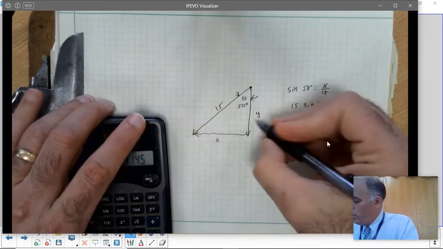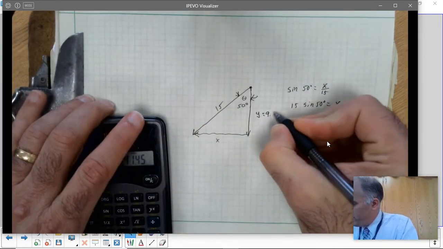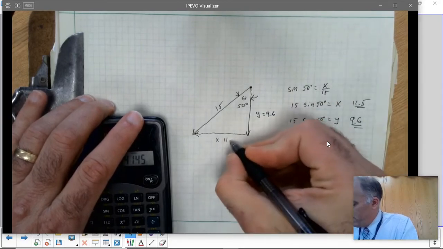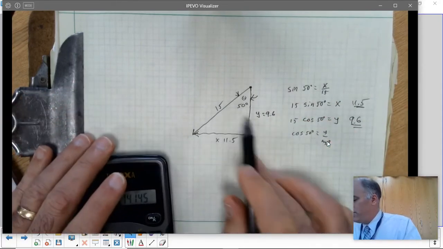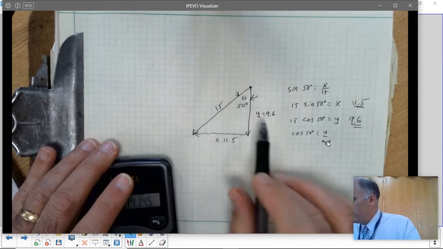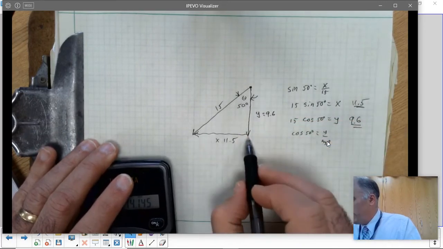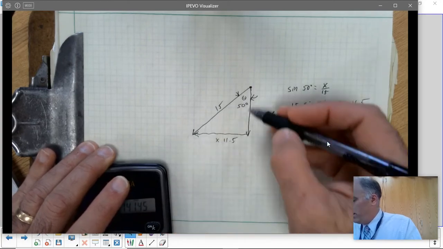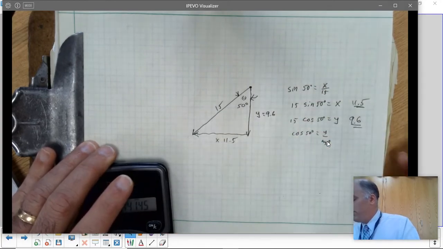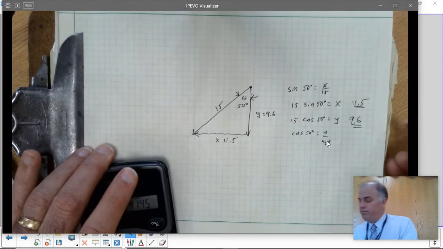So we now know that this equals 9.6, this equals 11.5. Now I didn't draw the triangle exactly to scale, but we know that this is greater than 45 degrees, so we would expect this leg to be longer than this one. So 11.5 and 9.6. Okay.